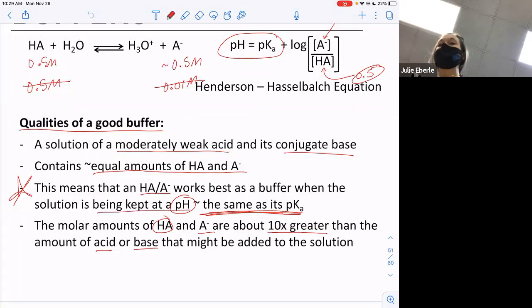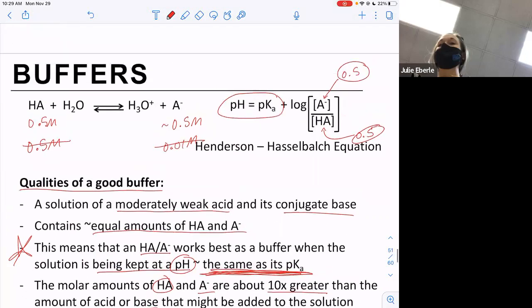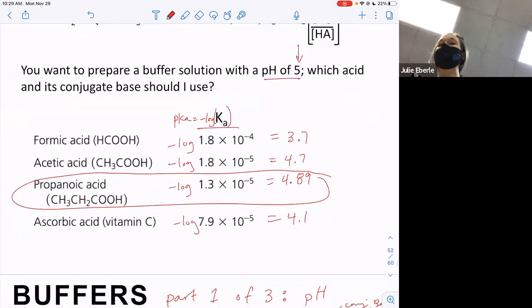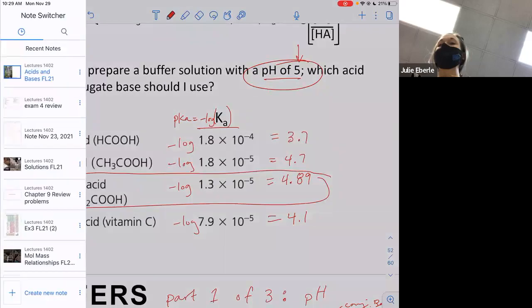We want the pH kept the same as its pKa. Remember, when I talked about these, I worked through a problem where I gave you a bunch of different weak acids and asked which one would be best for keeping a buffer system at a pH of 5. All we did is we walked through and calculated the pKa of everything, and I said, okay, which one's close to the pH? Same idea as what we're going to do here. You just had to identify what the weak acid was.